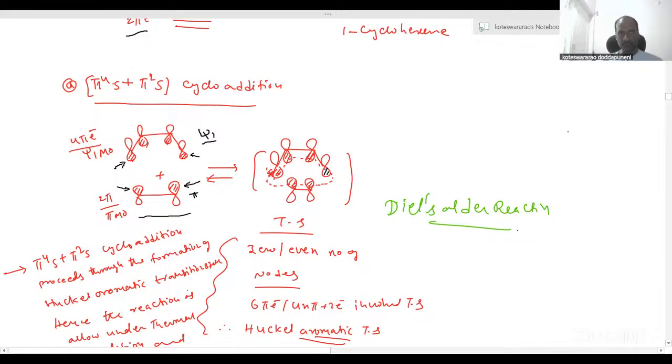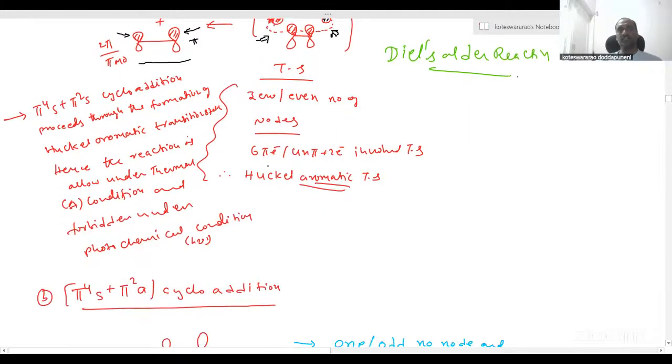In these interactions, look here. Shading is missing here, right? Now look here. This is the first interaction. Is there any node? No. In the interaction between these two lobes, there is no node. Here the new interaction is generated between these two. Here also there is no node. Zero nodes, or an even number of nodes. Then it involves 6 pi electrons, or 4 plus 2 electrons.